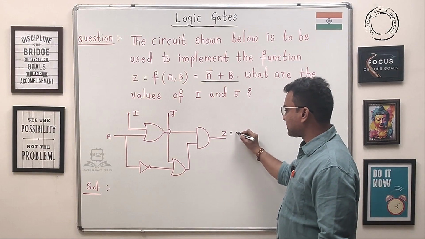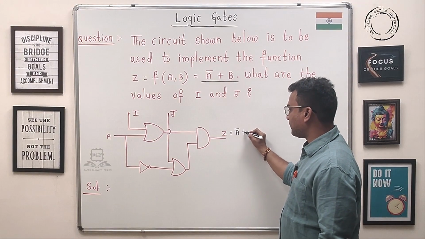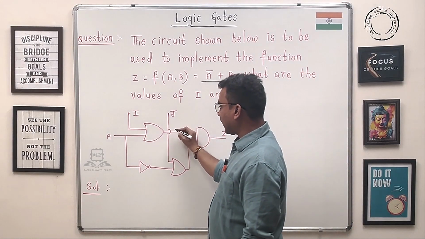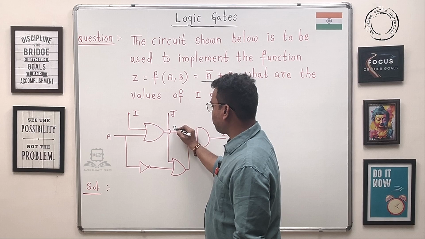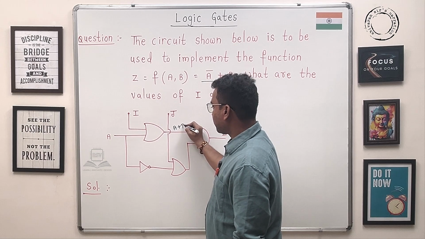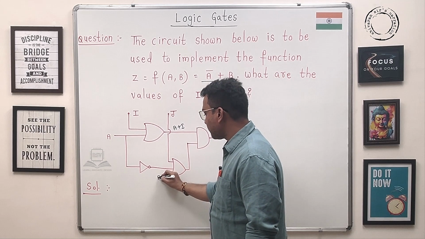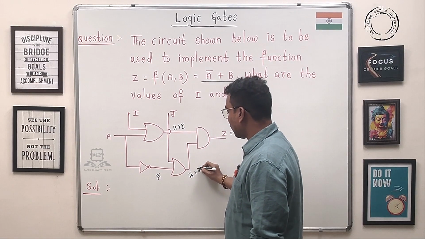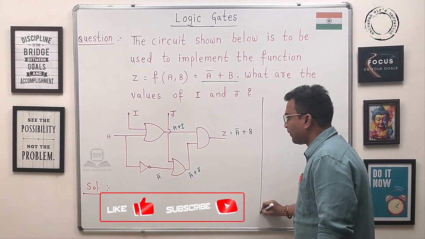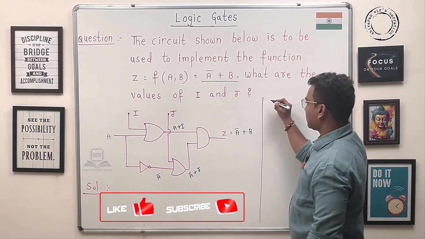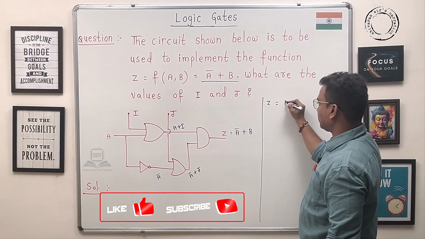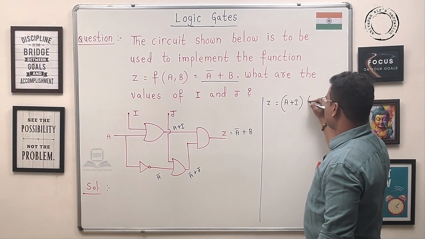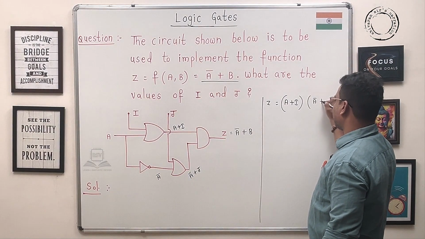So I repeat, Z is equals to A bar plus B. Guys, here if you take this OR gate, the output term will be A plus I. Similarly here, A bar plus J. Now the actual expression for this AND gate, Z is equals to A plus I into A bar plus J, isn't it?